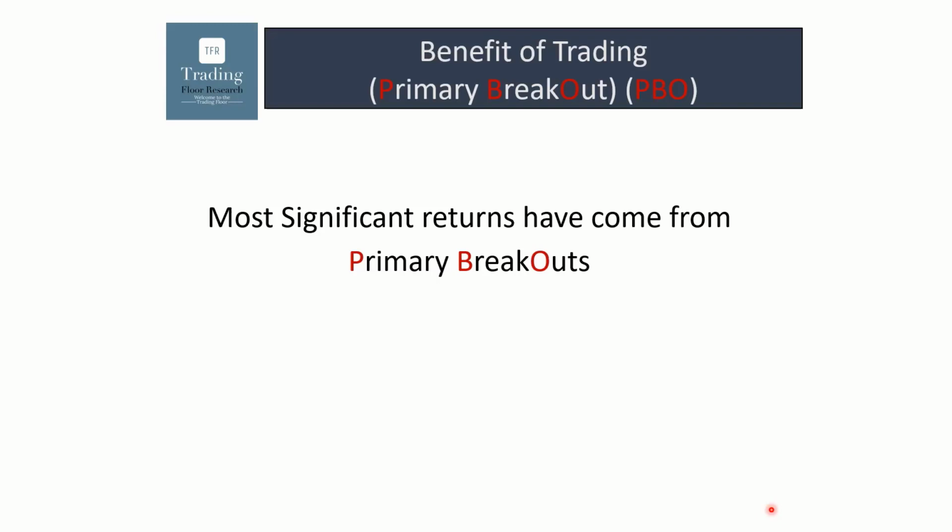If somebody said to me that I could only trade one thing of all the different areas I trade, what would I choose? I would choose primary breakouts. That's how significant the returns have been over everything else. Not to say returns haven't been good in other areas, but primary breakouts are just unbelievable. So that's why I want to talk about them today.